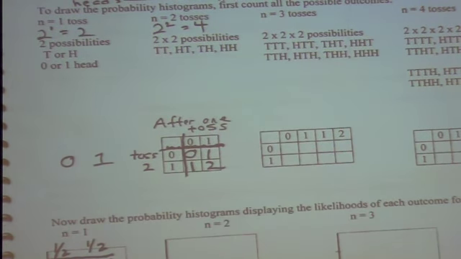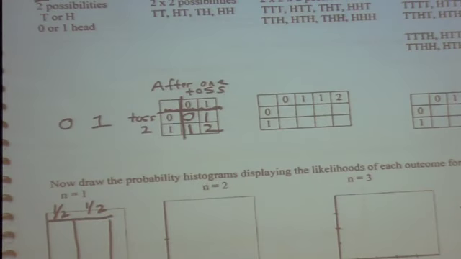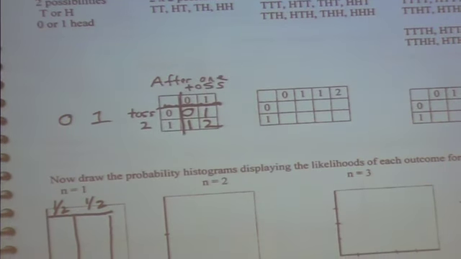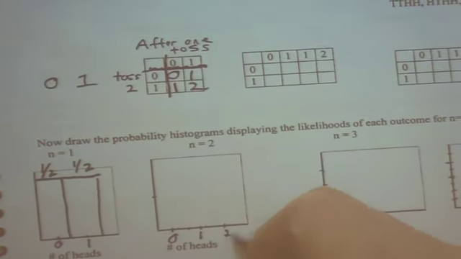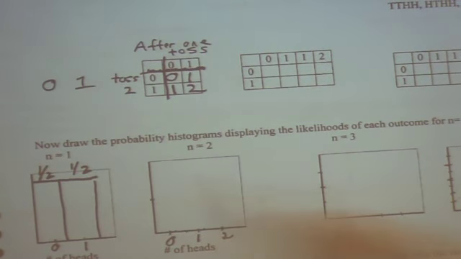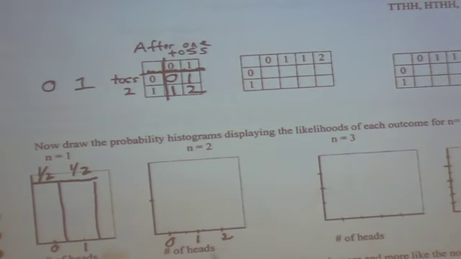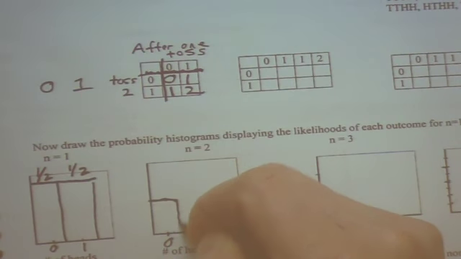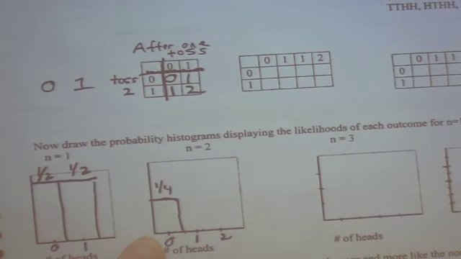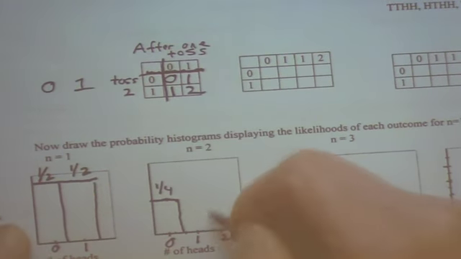Alright, so let's draw that probability histogram. It's not very hard. Our possibilities now are 0, 1, and 2 heads. And they're not all equally likely. There's only 1 out of 4 ways to get 0, so that should be 1/4 of the total area of the histogram.